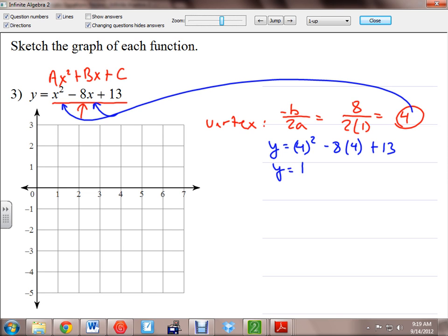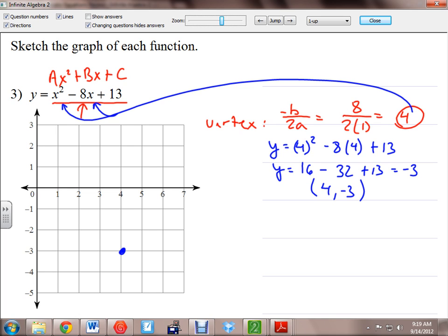Y is equal to 16 minus 8 times 4, which is 32, and then plus 13. We calculate that, and 16 minus 32 plus 13 would get me negative 3. Now this is the y value of my vertex, so my vertex is located at (4, -3). So over at (4, -3), I'm going to go ahead and put a dot.